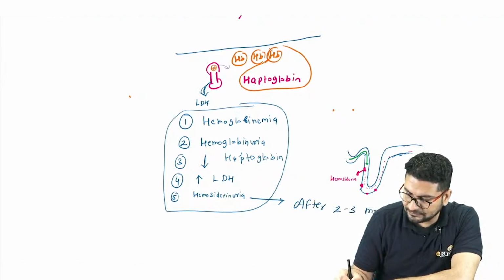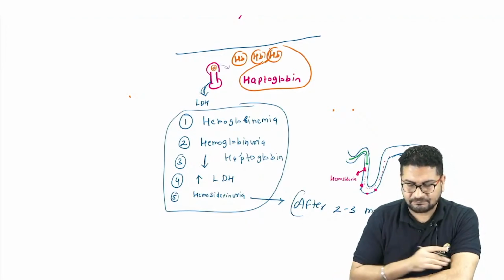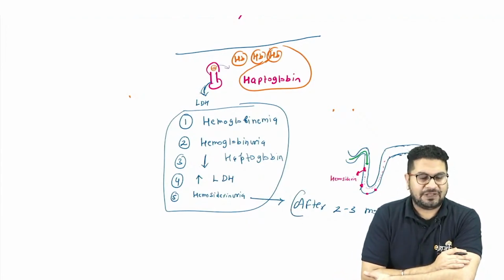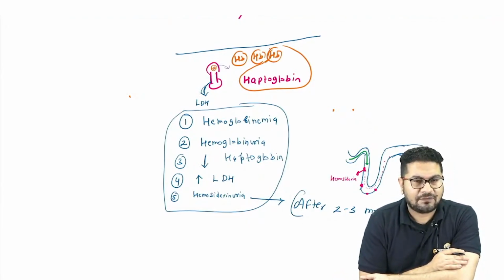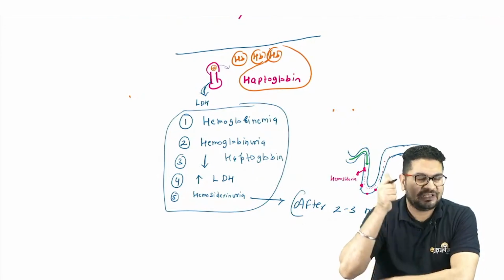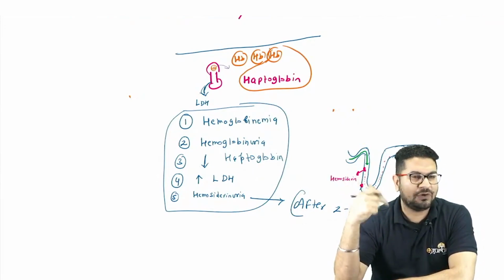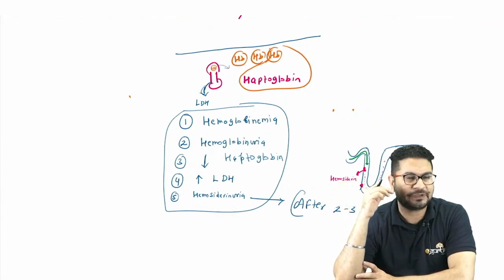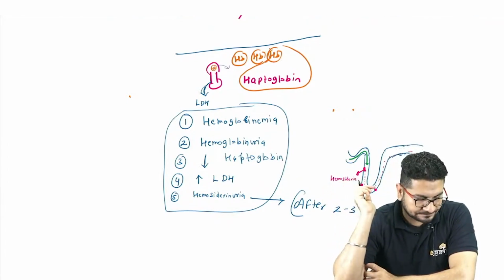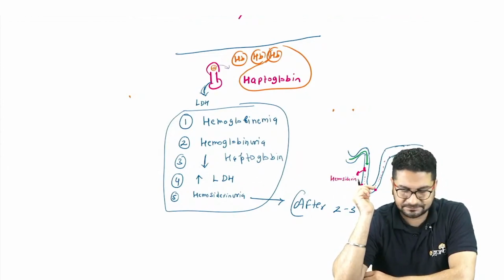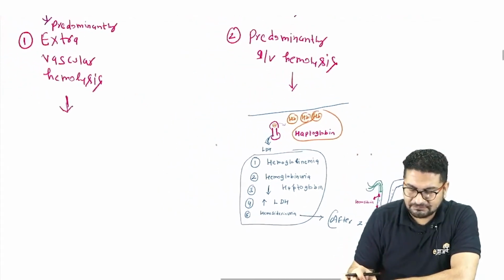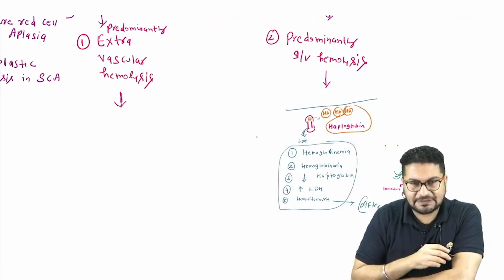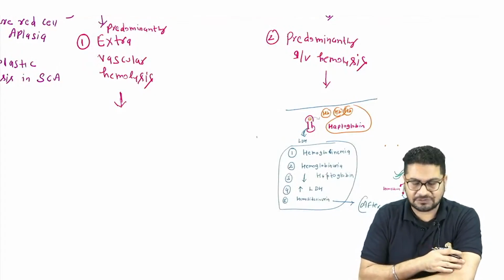So if I ask you, what are the 5 features of intravascular hemolysis? Hemoglobinemia, hemoglobinuria, low haptoglobin, increased LDH, and after a few months you may notice hemosiderinuria. Am I clear?